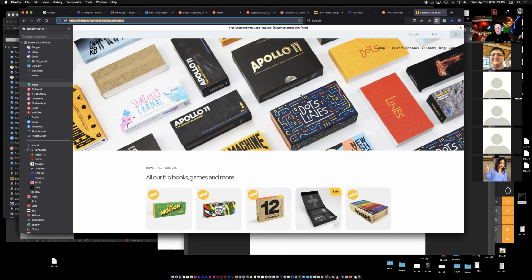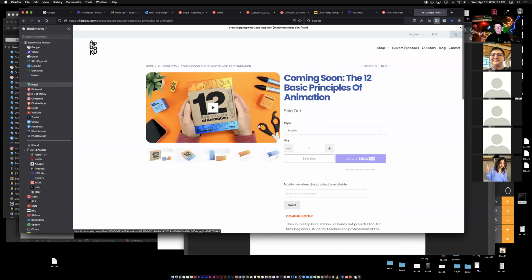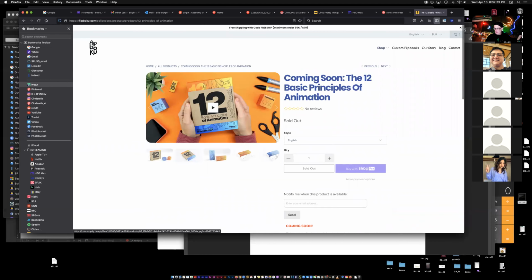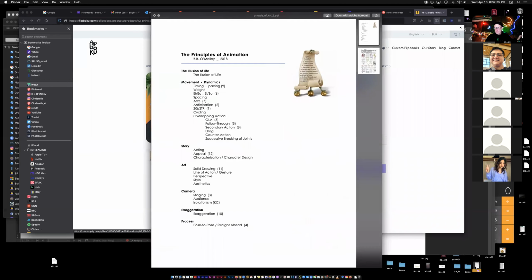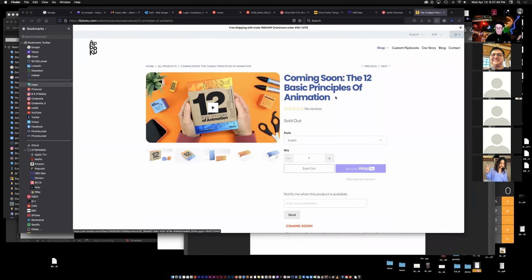And so this company offers a bunch of them that are blank. And they offered this one, which is the 12 principles of animation. Remember that there are more than 12 principles of animation. So this is just the 12 that Frank and Ollie wrote when they were still at Disney. But this is good.